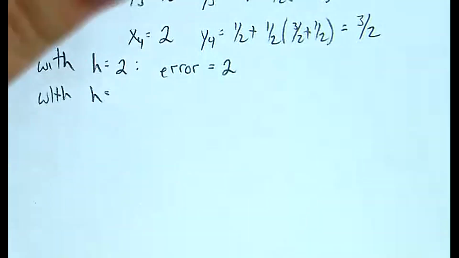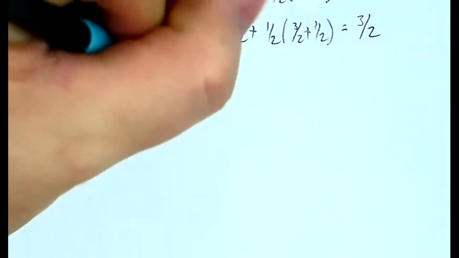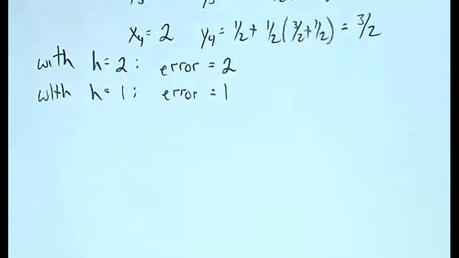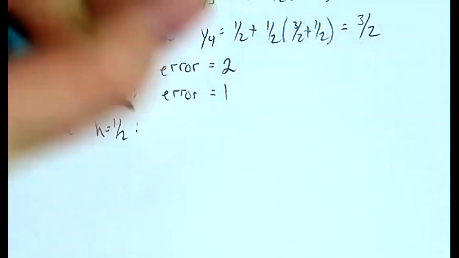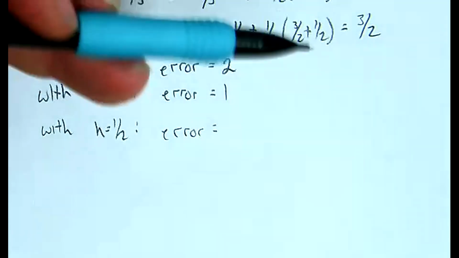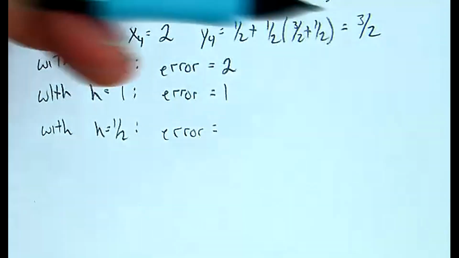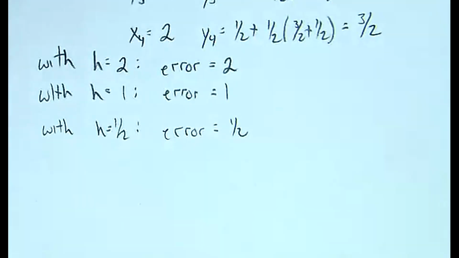With h of 1, we cut our error in half. We know the exact value is 2. We got an approximation of 1. And with h of a half, we got an approximation of 3/2, so our error was just 1/2.